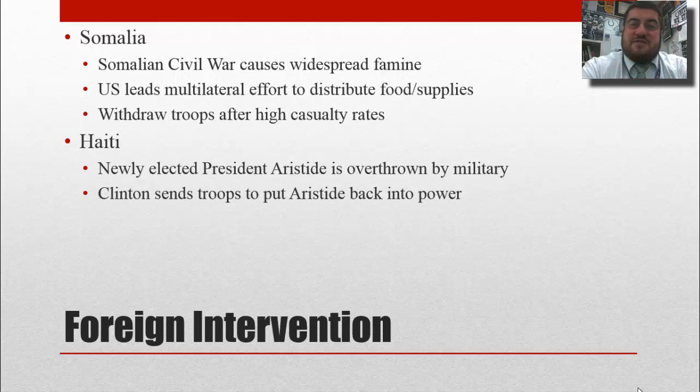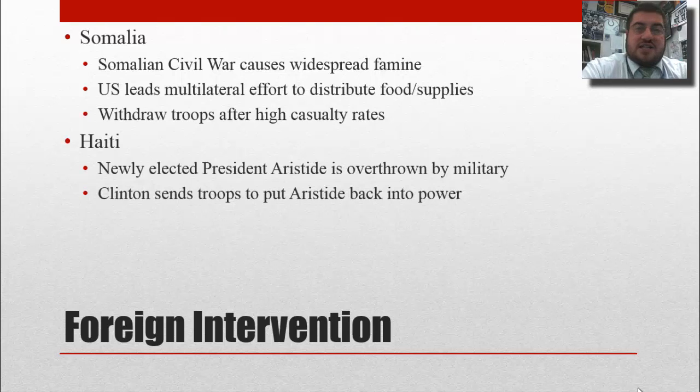Foreign intervention in the Clinton years: in Somalia, remember we talked about Operation Restore Hope, the Somalian civil war has started, and this causes widespread famine. And so the United States leads a multilateral effort with many other countries to distribute food and supplies there in a humanitarian effort.